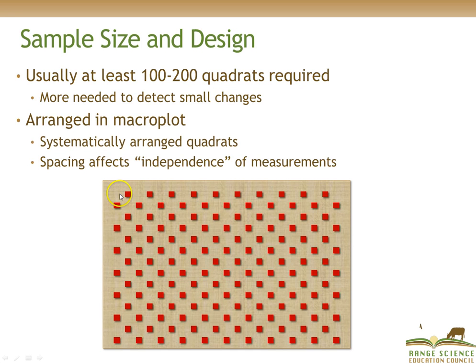However, depending on the size of the plants and the plant patches, if the spacing is determined so that we are sure that one quadrat does not measure the same plant or the same plant patch as another quadrat, then that helps us with the assumption that the measurements that we're taking for frequency are independent.